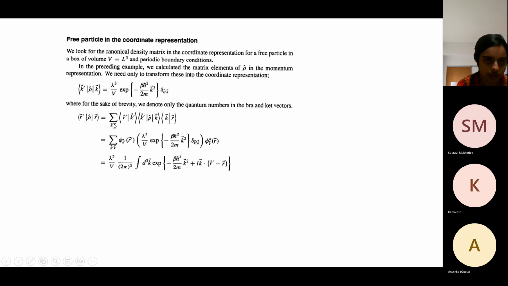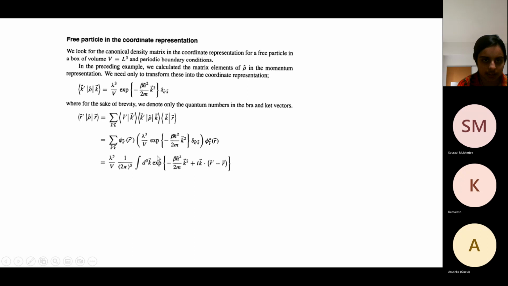You are doing a summation over k prime and k, and you have included these outer products because this whole set of basis vectors is complete. So the summation over k of the outer product of k, for all values of k, or likewise for k prime, will be 1. So you can include these expressions here.